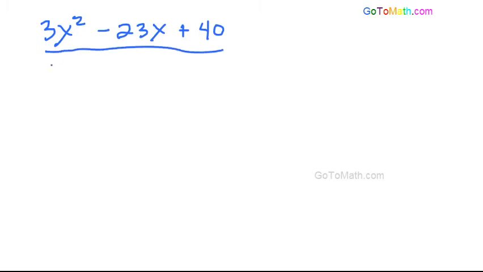So 3x squared minus 23x plus 40 and negative 5x squared plus 19x plus 30.